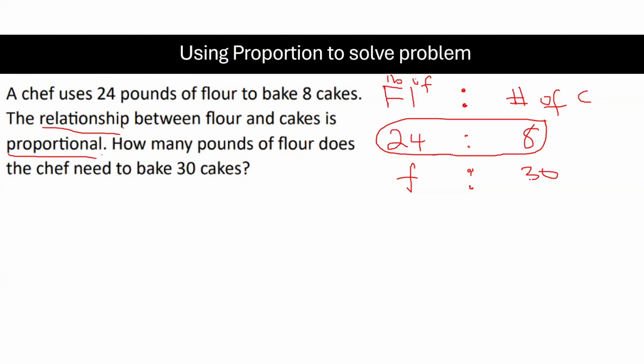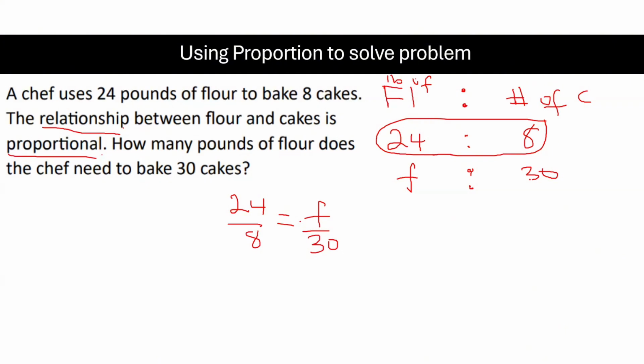So we are going to have 24 over 8 equals F over 30. All we did was turn them into fractions to write our proportion.